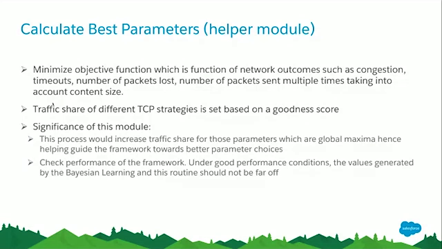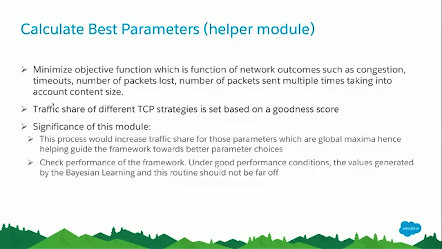The first, easy to understand reason is to check performance of the framework. If our Bayesian learning model is doing the right thing, then supposing at time t we generate a set of TCP parameters from the Bayesian learning module, at some time t plus k this best parameters helper module should return a set of TCP parameters which are close to the Bayesian learning.